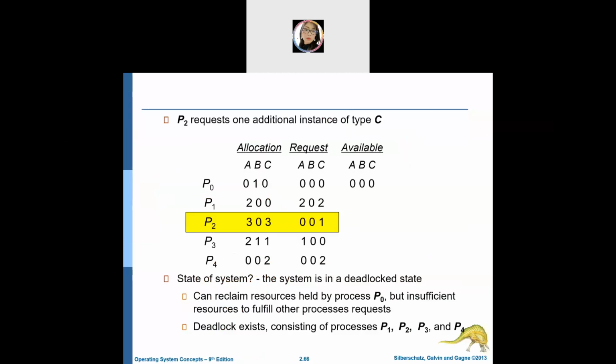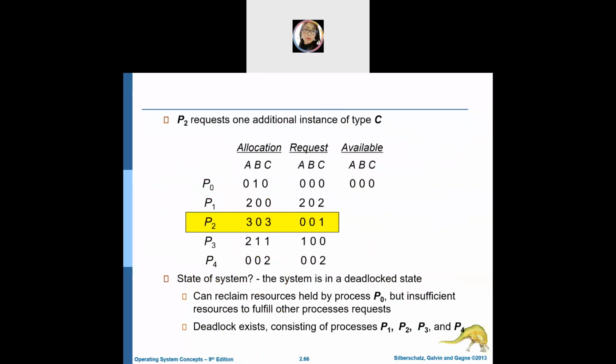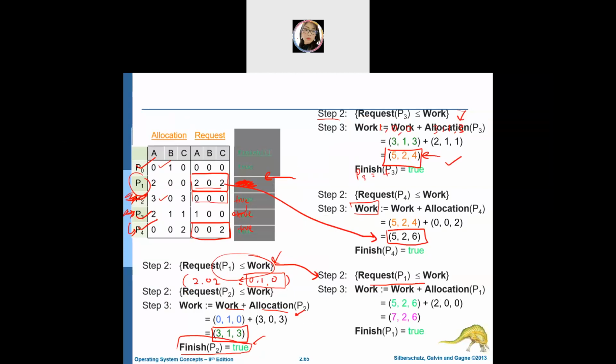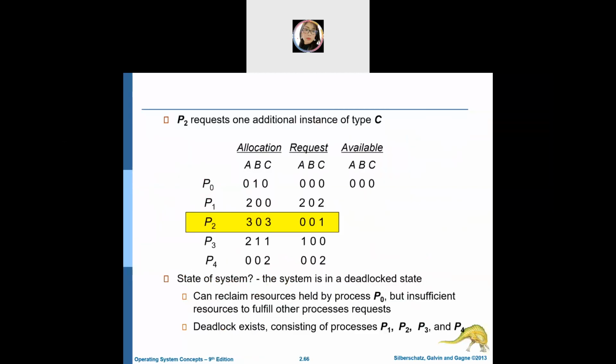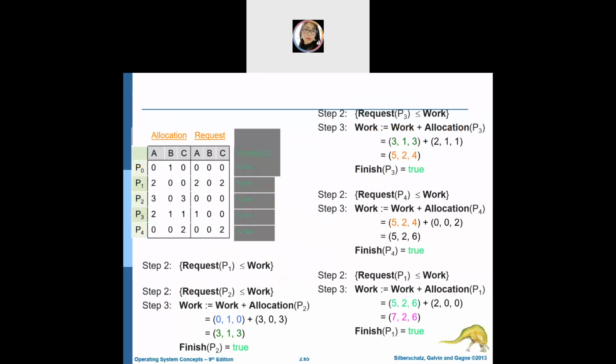So what is the flow? For this one, this is a new P2 request, one additional instance of type C. So you can see here, this all meets the condition.